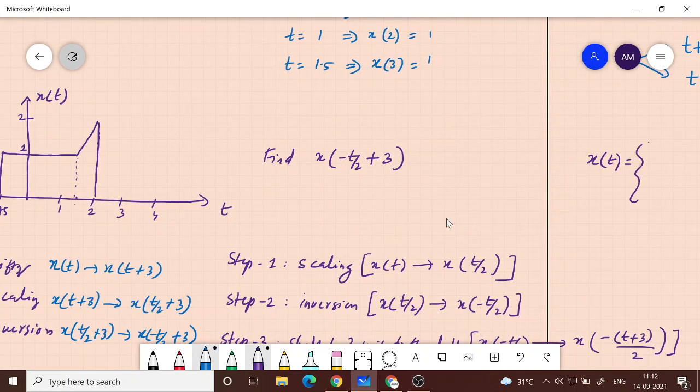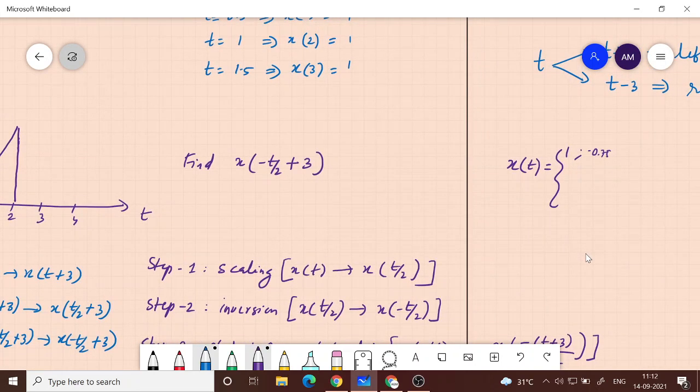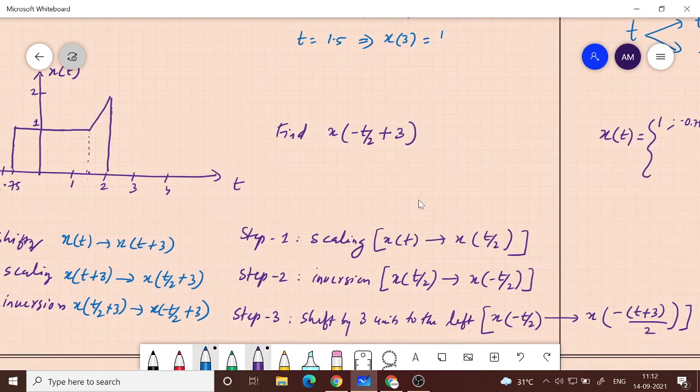So here it is 1 for minus 0.75 less than t less than 1.5, and then I need the equation of this line. It has some negative y-intercept, it looks like. To figure out that line, I need to have coordinates here.